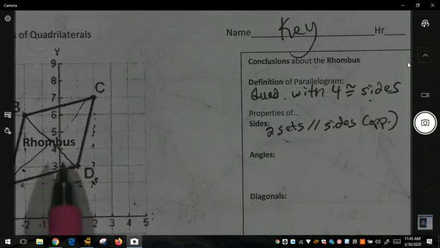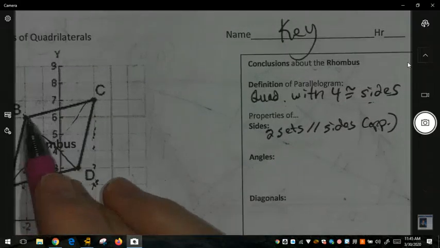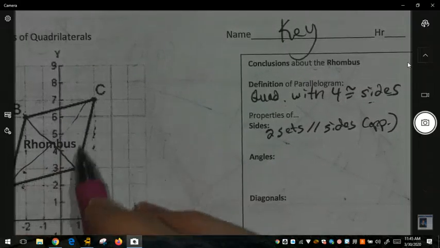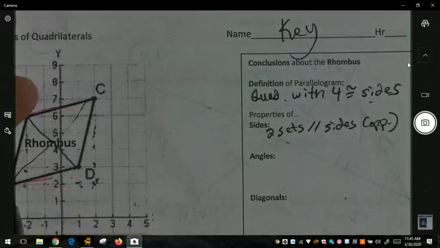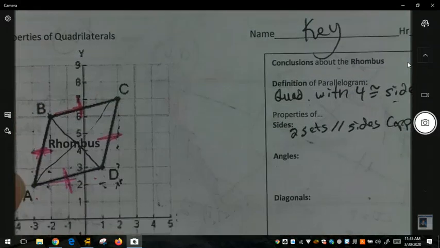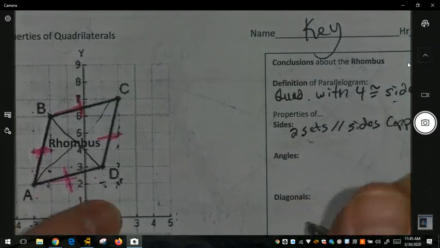Its angles, again, we have opposite angles congruent and consecutive angles supplementary. We can see the letter C, the same side interior angles, when we pair any of those with those parallel lines. But again, the definition, I'm going to mark just the definition, is that all sides are congruent.